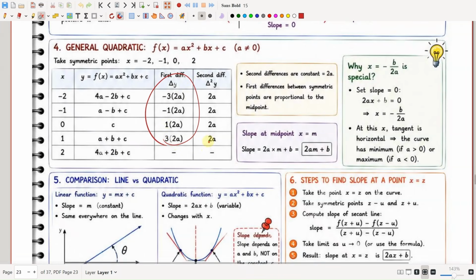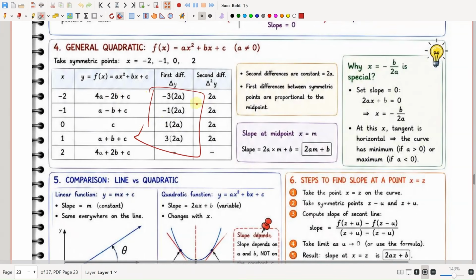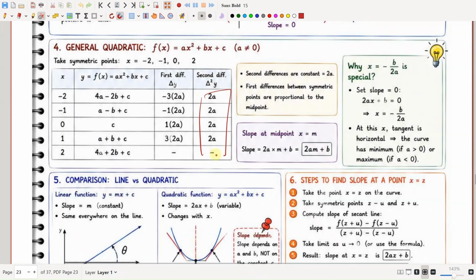Then again I'm going to find the difference of these things, the change in delta y, and I'll be getting these values. Again, I'm doing the second difference and I'll be getting these values. So see here what we are doing. The second differences are some constants, but the first differences are symmetric and proportional to the midpoint.